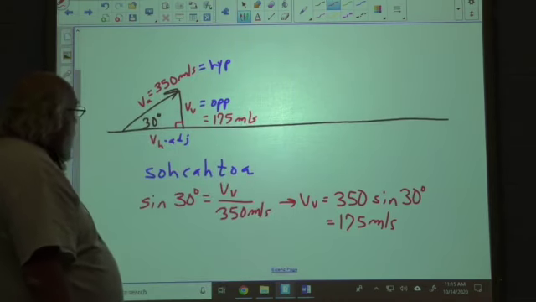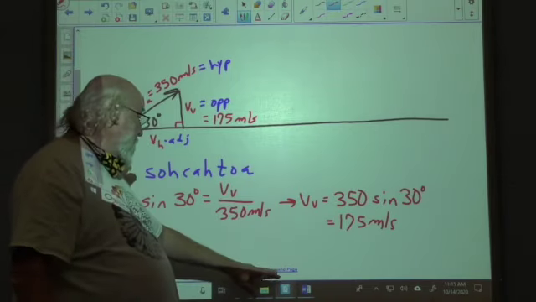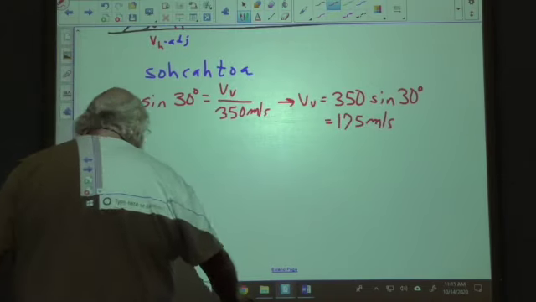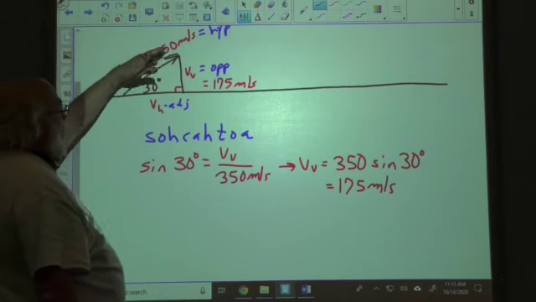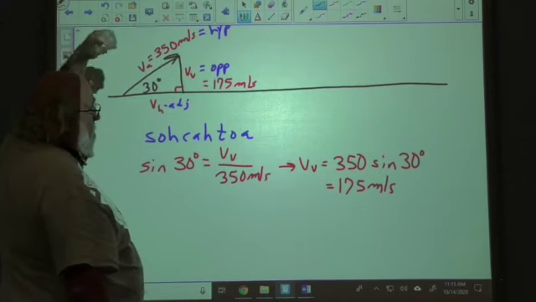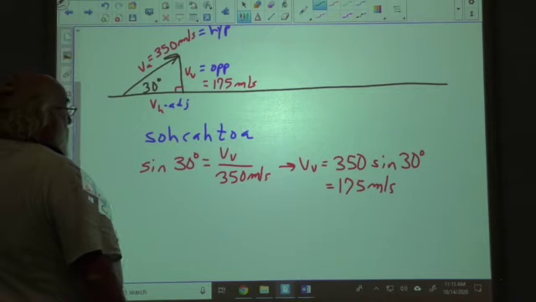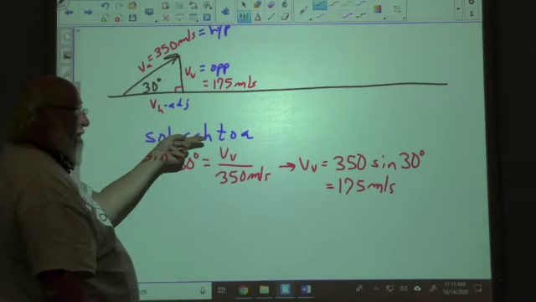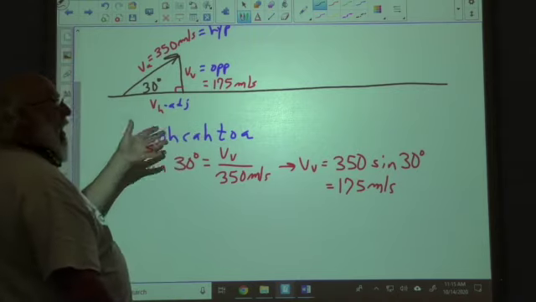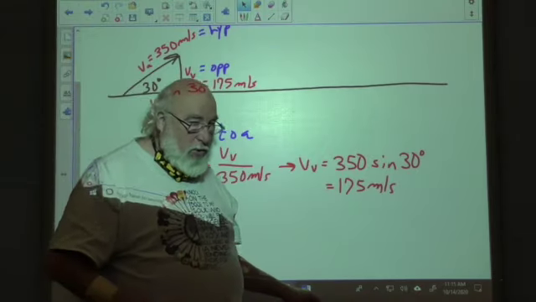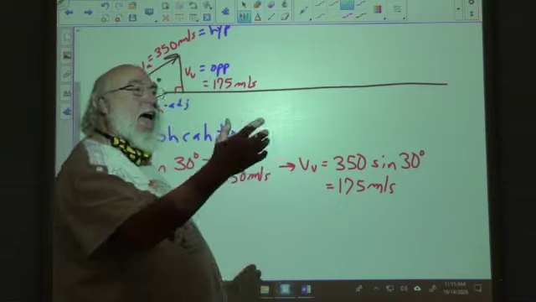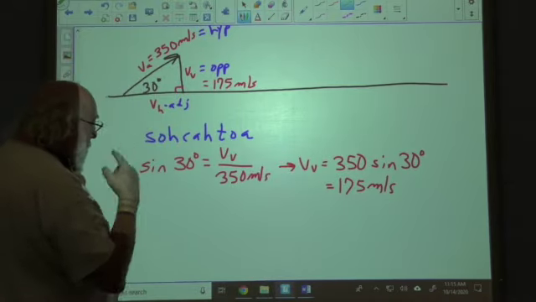Now we do the same thing with finding the VH. If you notice, the VH is the adjacent, and we're going to use the known quantity given to us, 350, the hypotenuse, and that is CAH. For those of you who have ever seen a wonderful movie called A Fish Called Wanda, Ka comes into play very importantly in that movie.